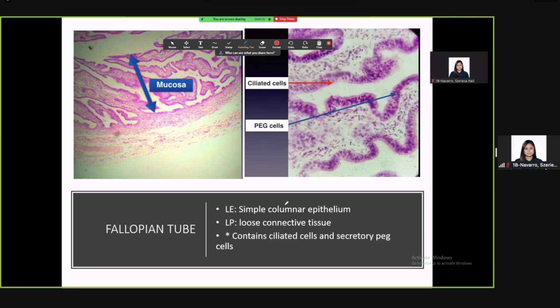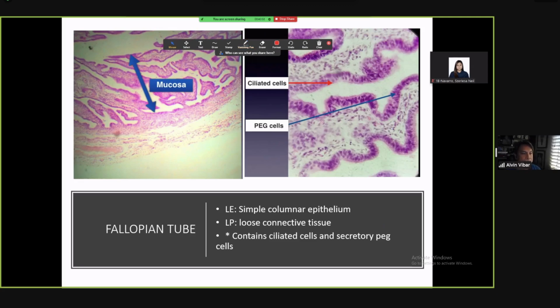Okay, yes, tama. It's like pushing it, di ba? And the peg cells are secretory cells. This will serve as the source of nutrition of the egg cells, or in case there will be fertilization, this will serve as the nutrition of the developing zygote.